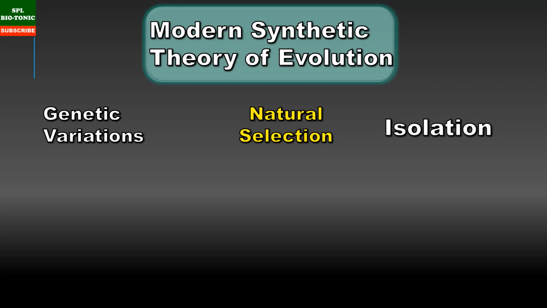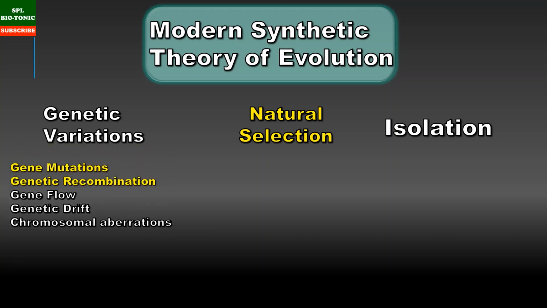Genetic variation considers gene mutation, genetic recombination, gene flow, genetic drift, and chromosomal aberration. So students, we will discuss all these features one by one. Of course, some of these points such as gene mutation, genetic recombination, and natural selection we have learnt in previous classes.